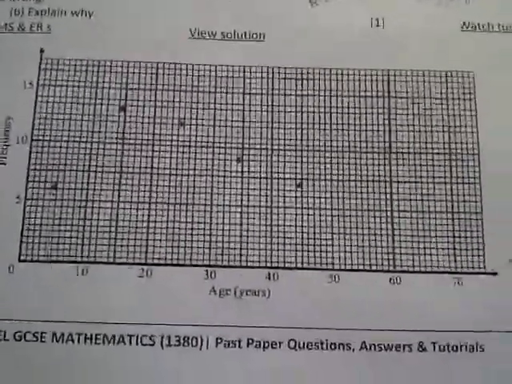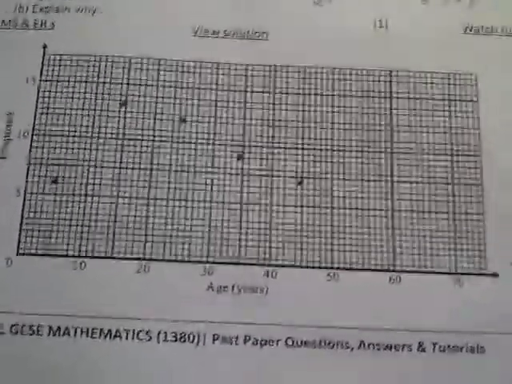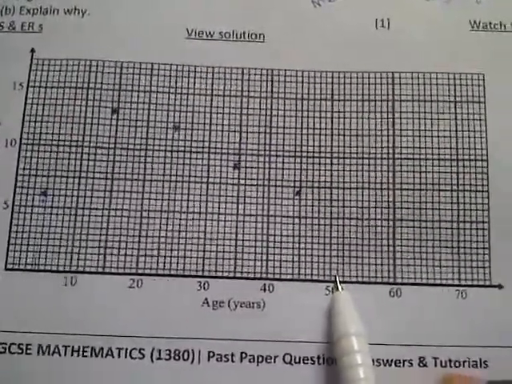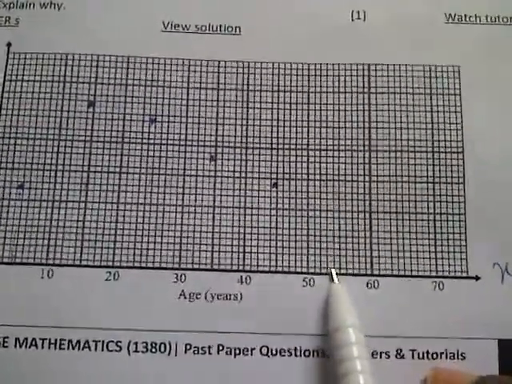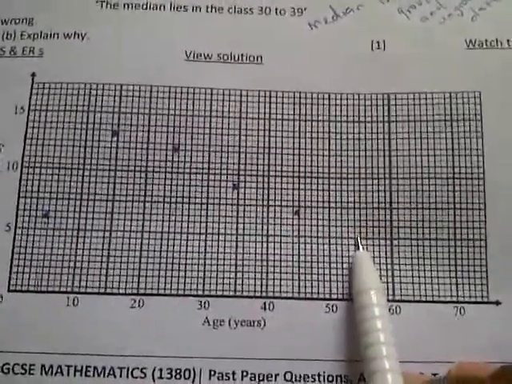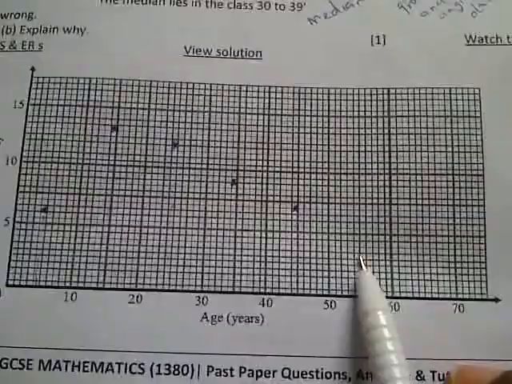Okay, the next one is 54.5 and 3. This is 50, 51, 52, 53, 54. So 54.5 and then 3. This is 5, this is 4.5, this is 4, this is 3.5, this is 3. So 3 will be here.